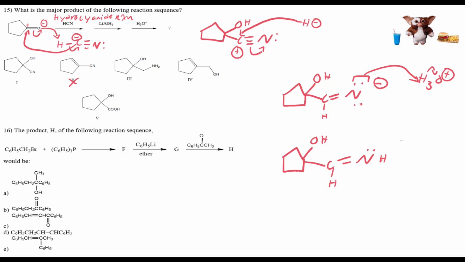So it did that. But what if I did this again? Well, that would be positive. And what would happen? This nitrogen can take this hydrogen again, making it into a basic solution. So we would have this compound right here.